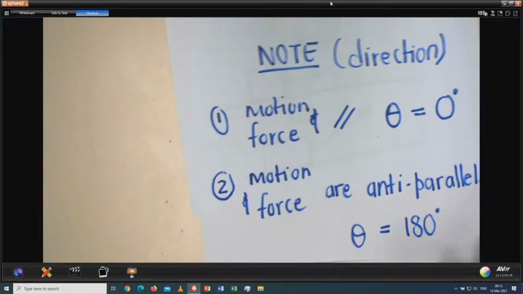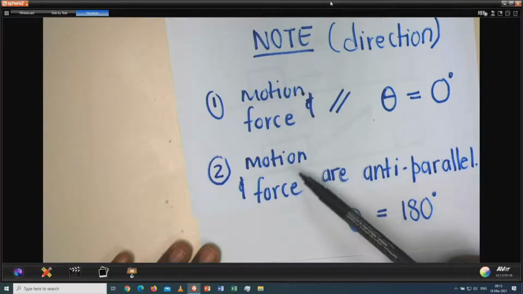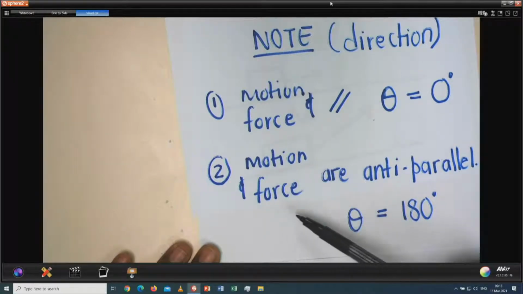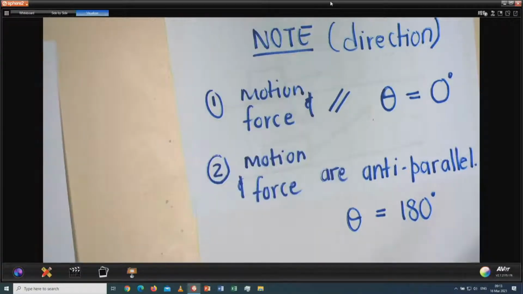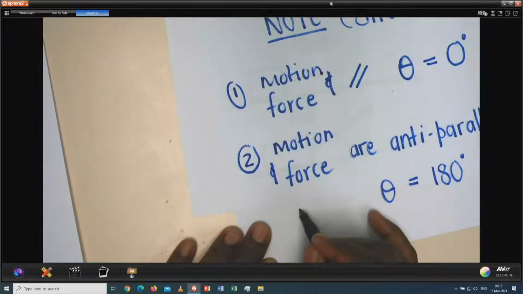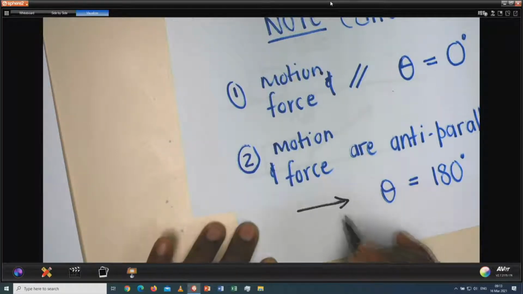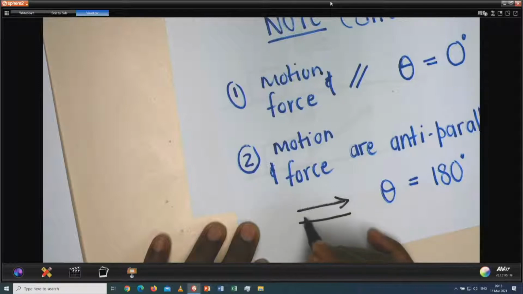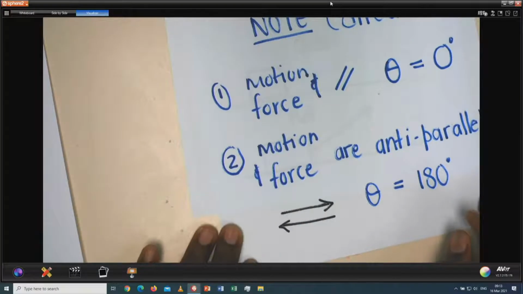The second thing that we must note is that if the motion in which the object is moving and the force are anti-parallel to each other, that means the motion is in this direction and the force is this way, then the angle will be 180 degrees.